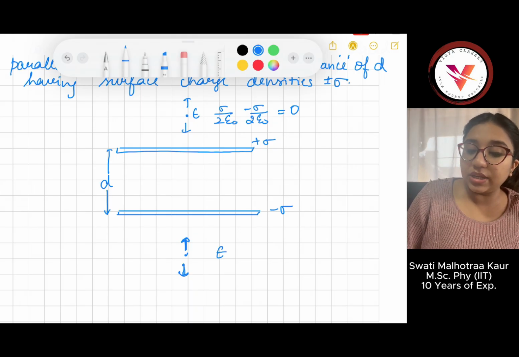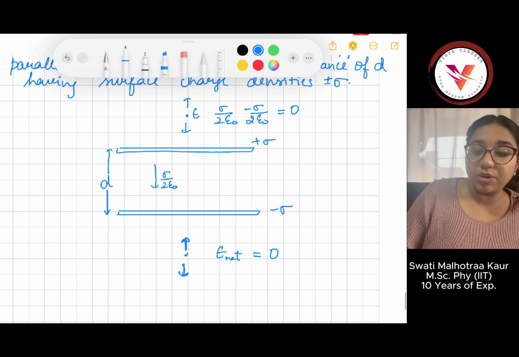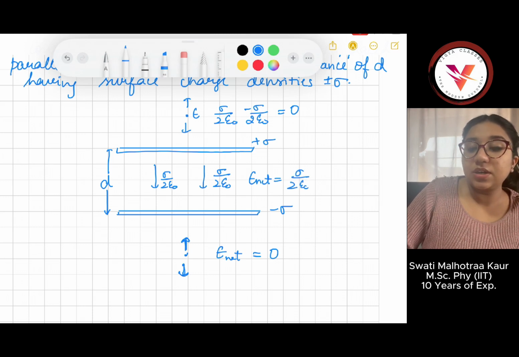And here also E net comes out to be 0. And between the two plates, because of plus, it would be outward, sigma by 2 epsilon naught, and because of negative it points towards it, which is also sigma by 2 epsilon naught. So in between you have electric field which is sigma by 2 epsilon naught plus sigma by 2 epsilon naught, which is sigma by epsilon naught.